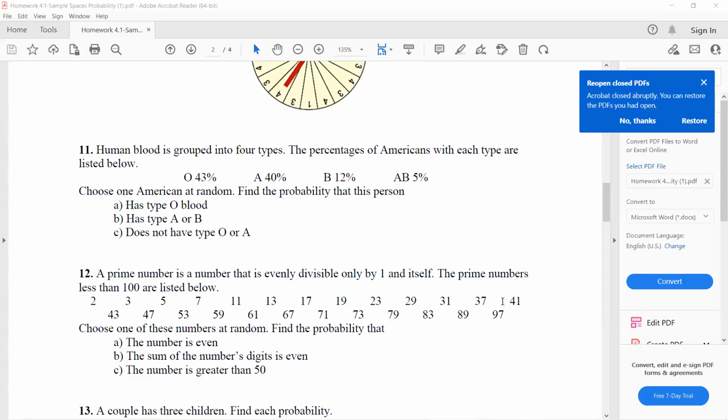Human blood is divided into 4 types, and they've grouped it for you in the little chart. So 43% of people have type O, 40% have type A, 12% have B, and 5% have AB. Choose one American at random. Find the probability that this person has type O blood.